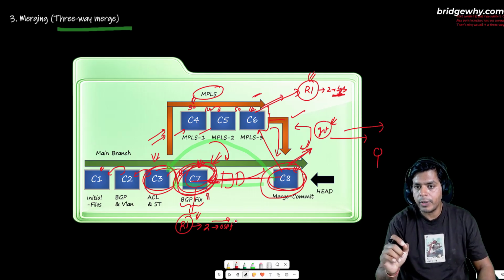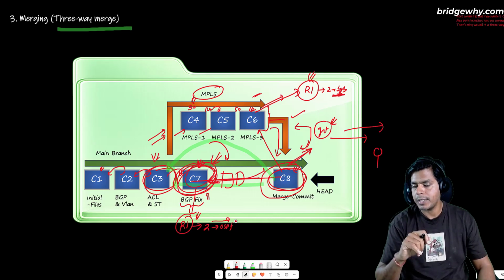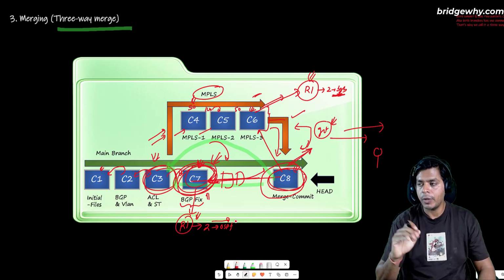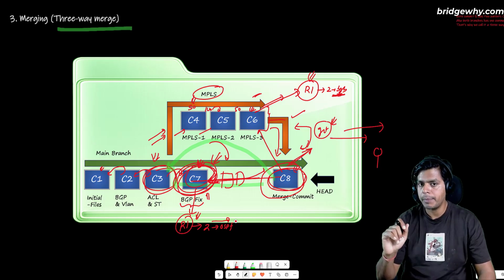When you give a command that I want to merge the MPLS branch with my main branch, Git is going to cry that you should resolve this conflict first. When you resolve this conflict, then Git is going to merge it, otherwise not. I hope things are making sense.